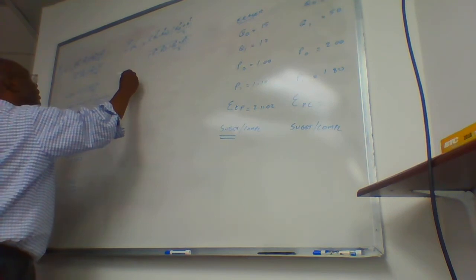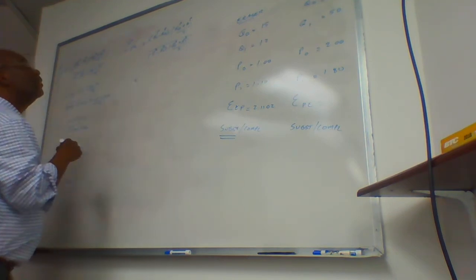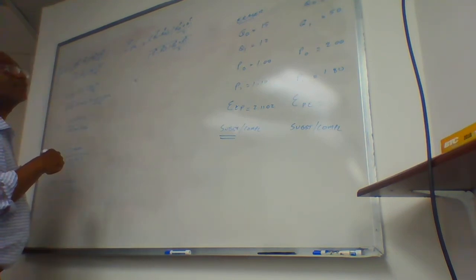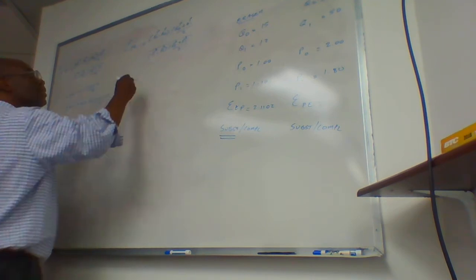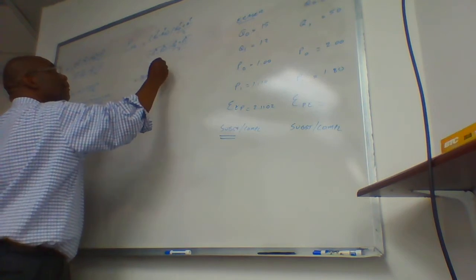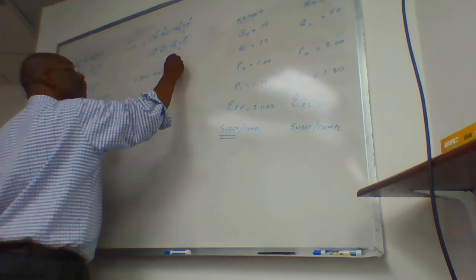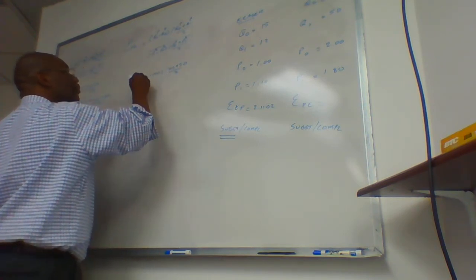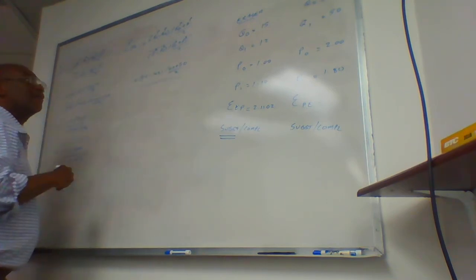What are my numbers like? Here we're looking for quantity of pencils. Quantity of pencils. So 50 minus 40 divided by 40 plus 50 over 2. And we're looking for the price of erasers.